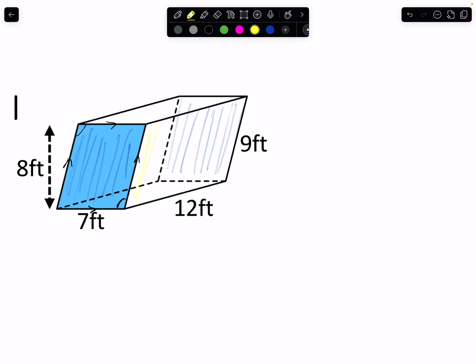Oh, yellow's not the best color. Let's go green. We have this side here, which is identical to the left side as well. Right? And then we have the top and the bottom again. Do that in pink too. Beautiful. All right.